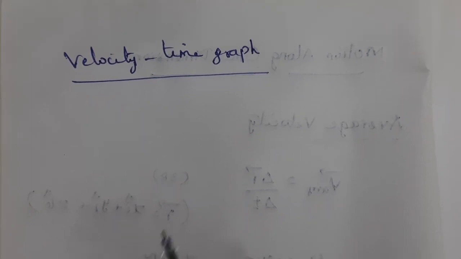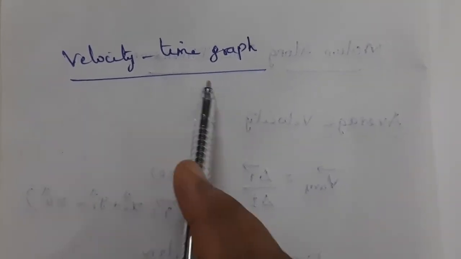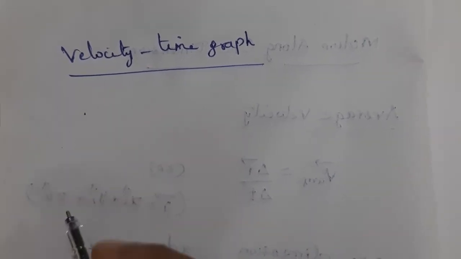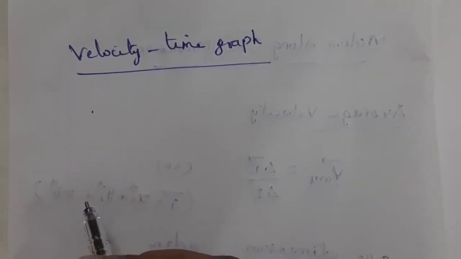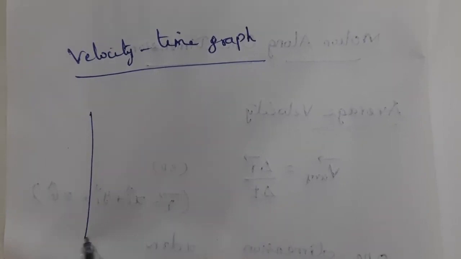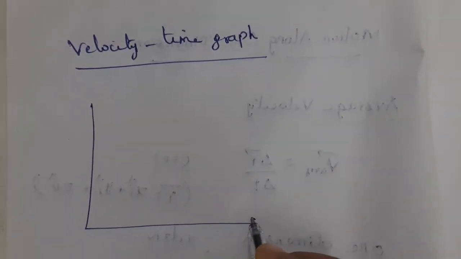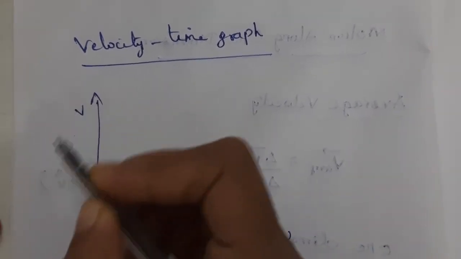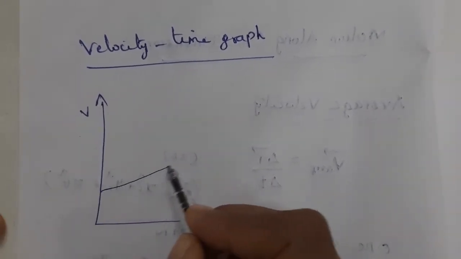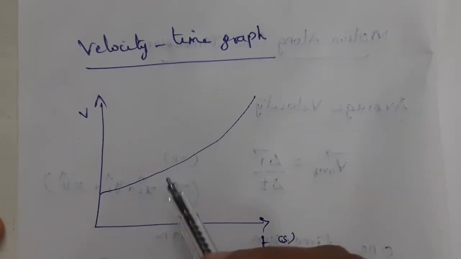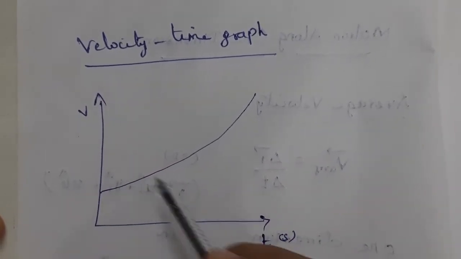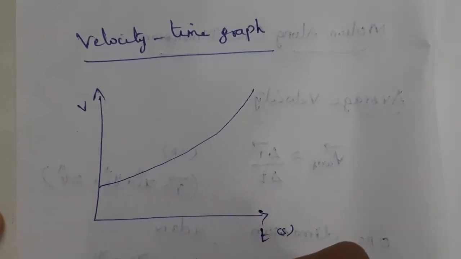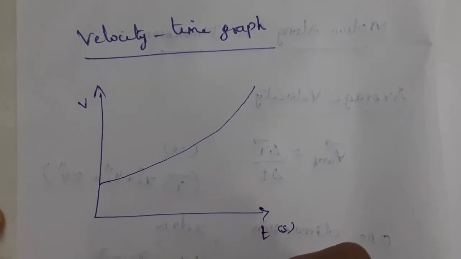At the same time, if velocity time graph is given, how can we obtain the distance or displacement? Suppose this is the velocity time graph. This is time taken along x-axis, velocity is taken along y-axis. Suppose the graph is like this. So when the velocity time graph is there, how can we obtain the distance or displacement?